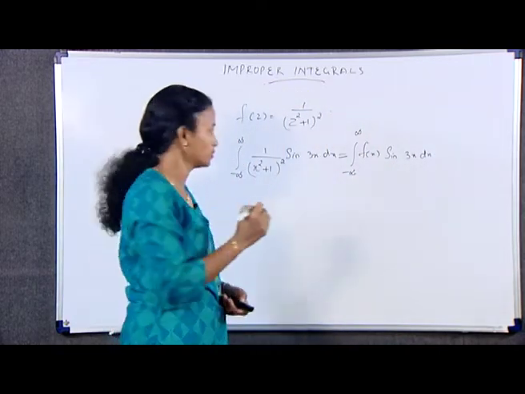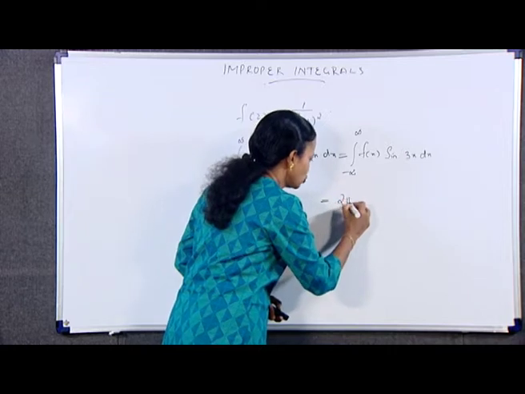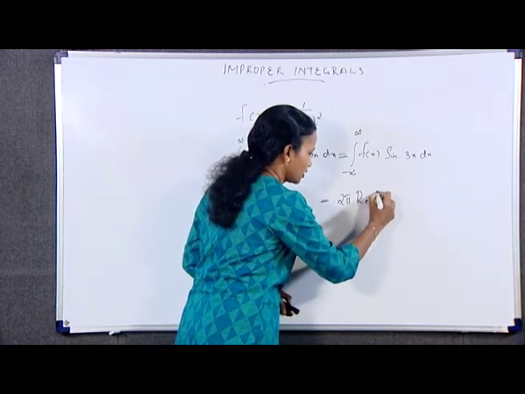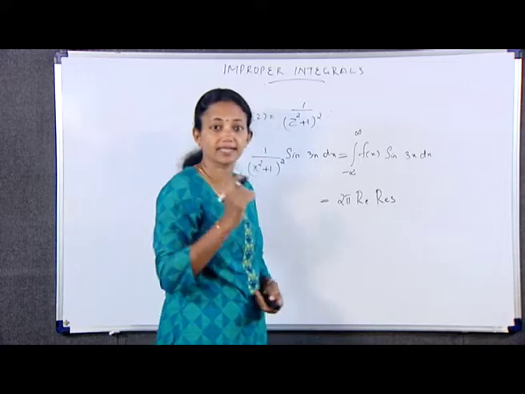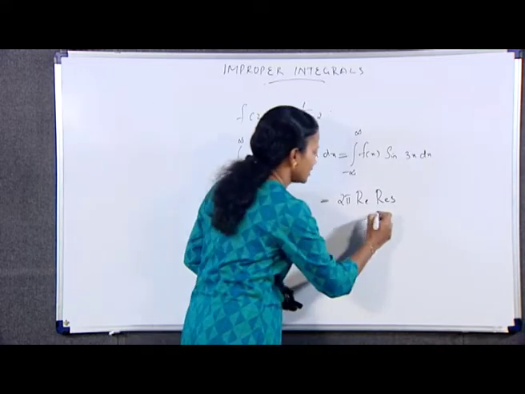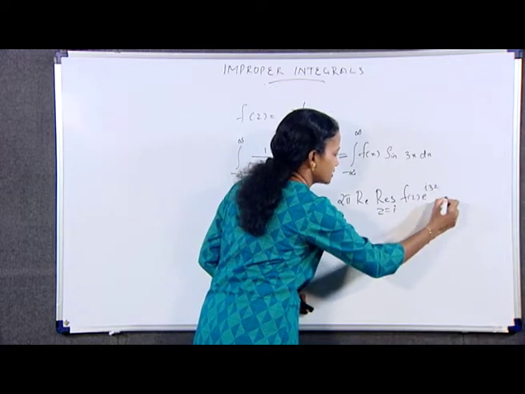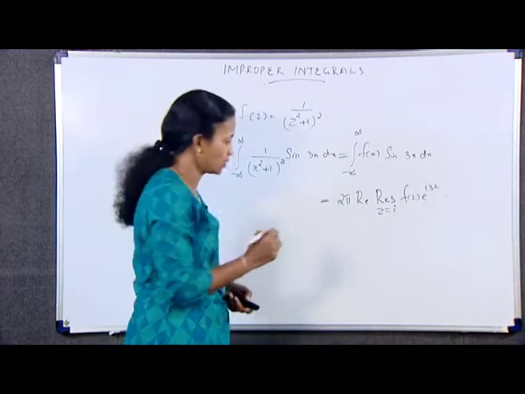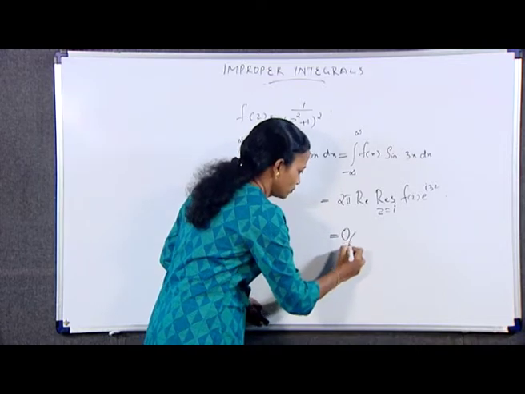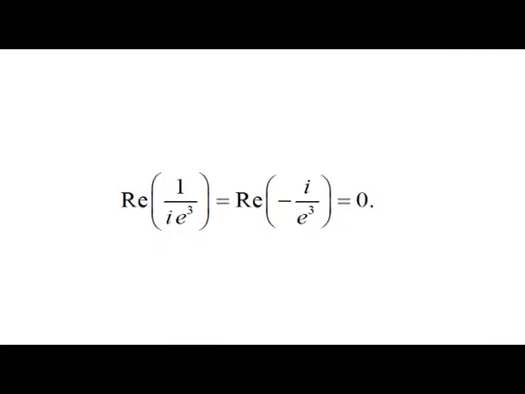We can write it as 2 pi real part of residue at z equals i of f(z) e raised to i3z, which is equal to 0. Why? Because real part of 1 by i e raised to 3 is equal to real part of minus i by e cube, which is equal to 0. That is, it has no real part.